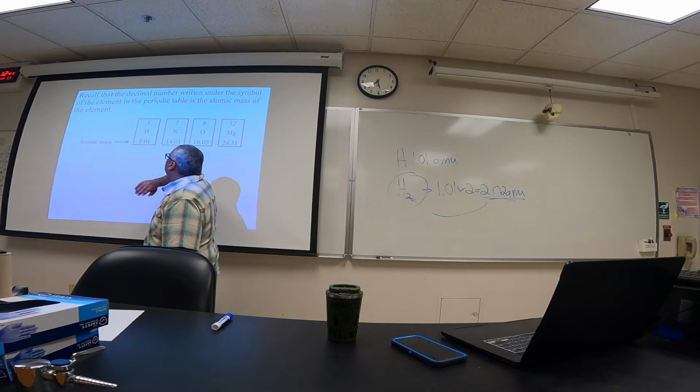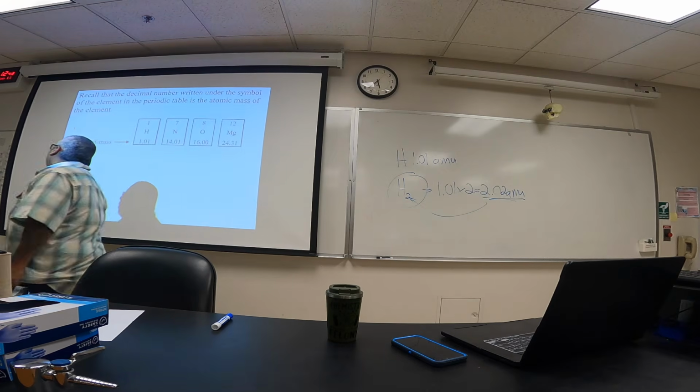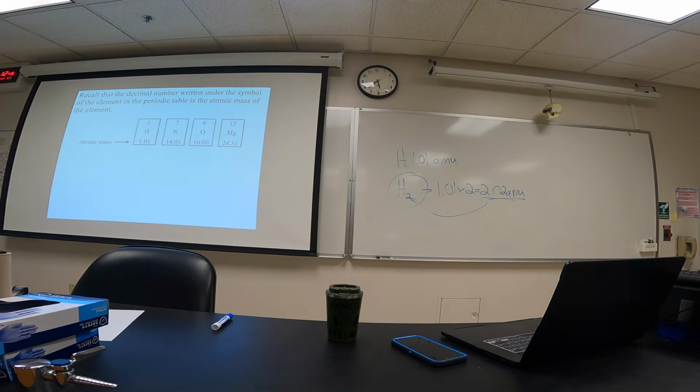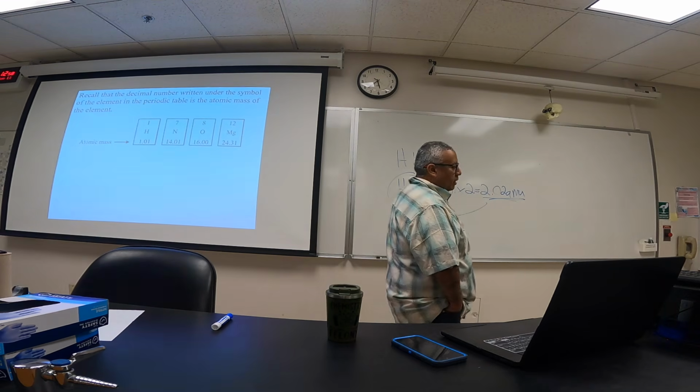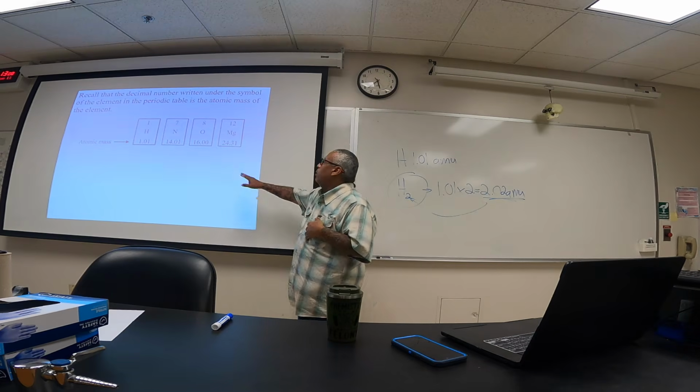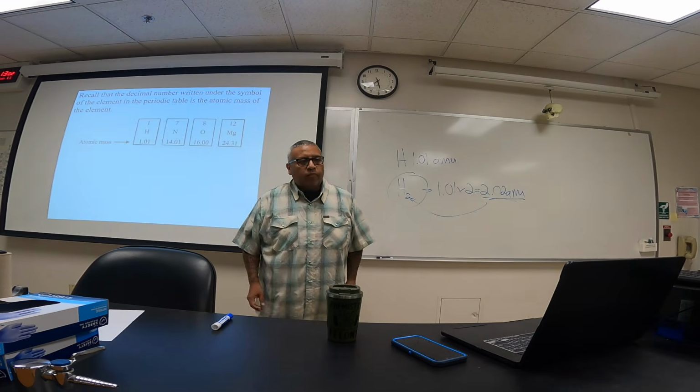This is where we got hydrogen. Depending on the periodic table, sometimes it's written above, like this periodic table here, where it says 1.0079. Sometimes they go out 4 or 5 decimals, but our periodic tables we use here, and in the textbook and on the exam, we're just going to go out to 2 decimal places.